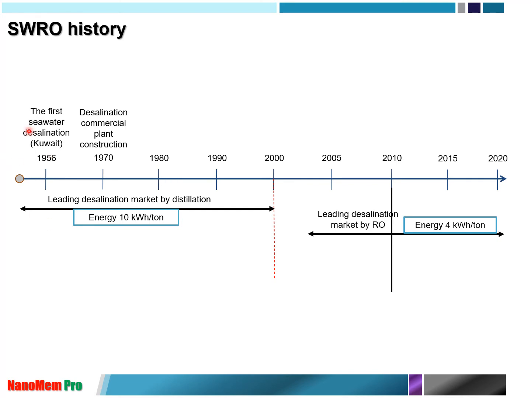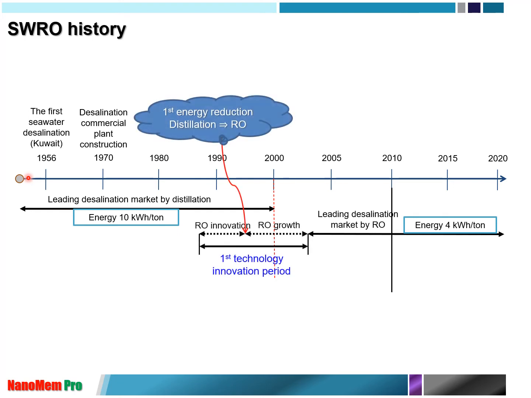1956, the first seawater desalination plant in Kuwait, and desalination commercial plant construction was made from 1970 to 1990, so 2000 until then. So we have the first generation of RO.